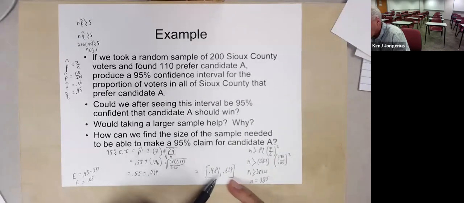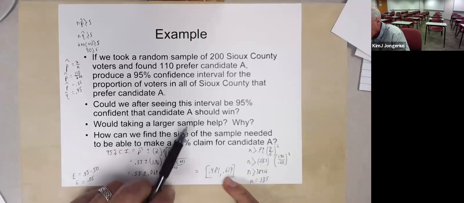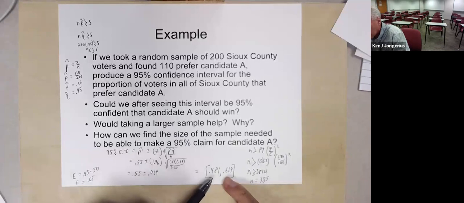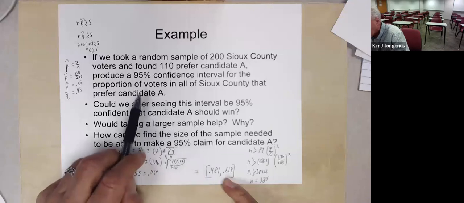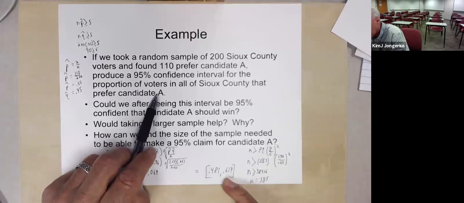Just a reference to political elections in our country. Take, for example, a presidential election. There are some states where this interval would be entirely above 50%. If that interval was entirely above 50% for, say, candidate A, candidate A probably would not campaign that aggressively in that state, because candidate A would be 95% sure of winning that election.